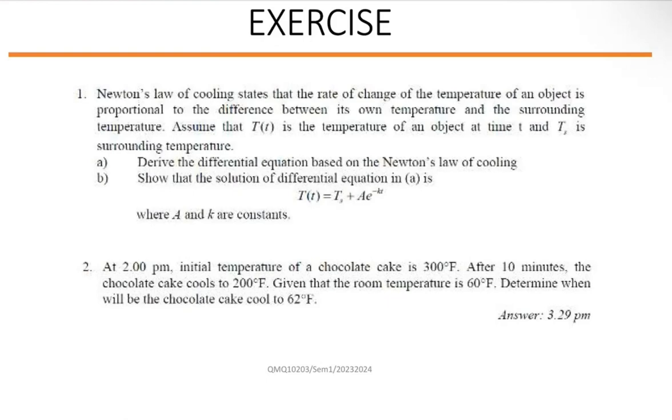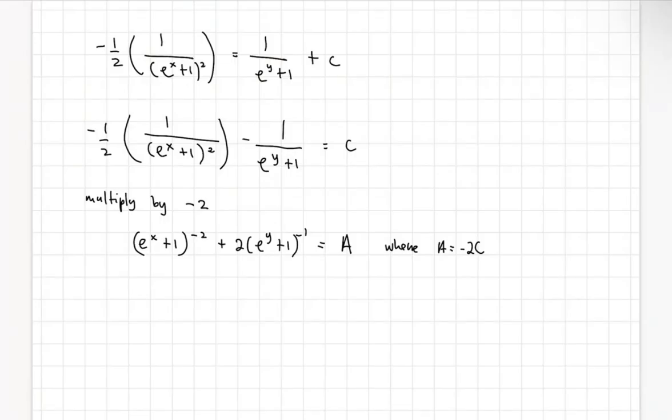Given that Newton's law of cooling says that the rate of change, so when we say rate of change, of course, the rate of change of temperature of an object is proportional. When we say proportional, the symbol of proportional is this one.